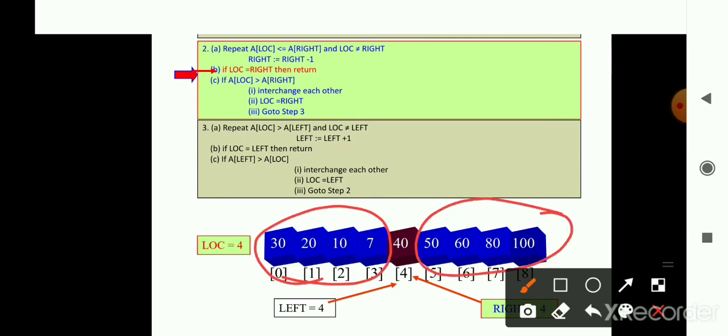Here the beginning of the left hand side list is 30 and the end of the left hand side is 7. The beginning of the right hand side list is 50 and the end of the right hand side is 100. So after getting the pivot position, we have two sublists.